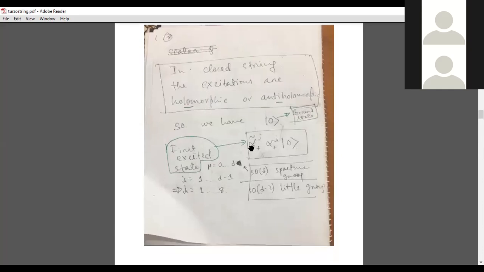So these alphas can be bosonic or fermionic in nature, meaning these alphas can be coming from a vector representation or a fermionic representation as well.